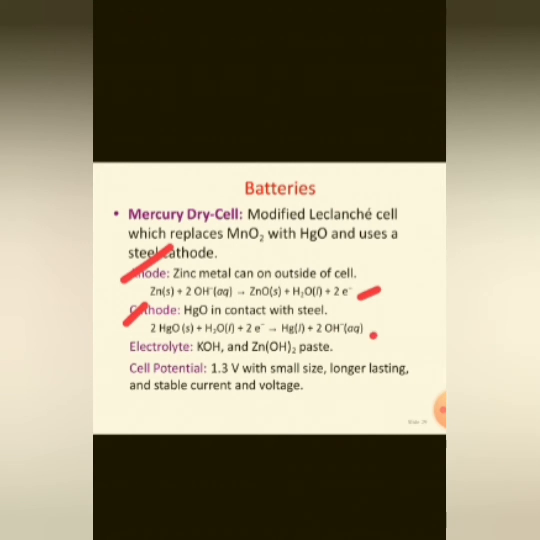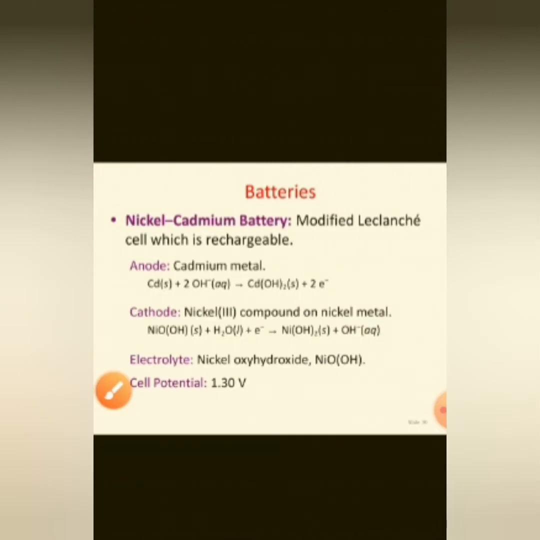The electrolytes are KOH and zinc hydroxide paste. The cell potential is 1.3 volts, with small size, longer lasting and stable current and voltage. So the mercury dry cell can be used.